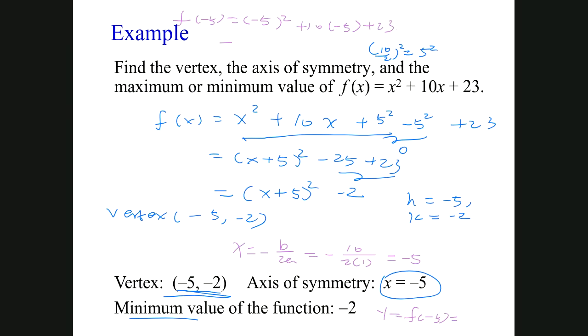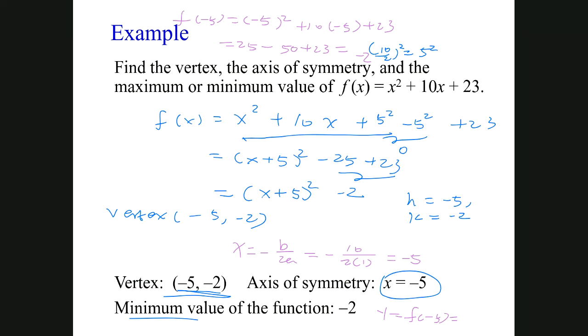This one will be 25, and this one times this one will be negative 50, and then plus 23. 25 plus 23 is 48, and 48 minus 50 gives you negative 2. So I got a vertex of negative 5 and negative 2, exactly the same answer.